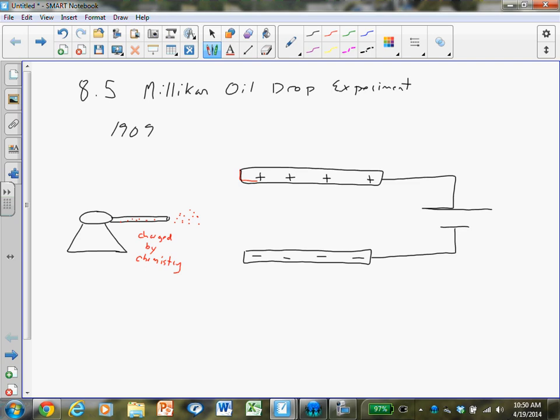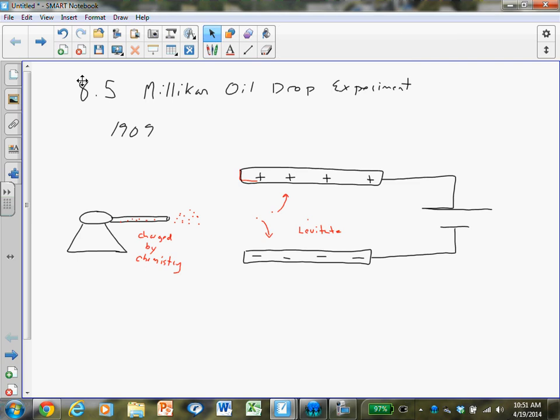And some of these particles would not have enough charge, okay, that the force of gravity would take over and they would fall down to the other plate. And some of them would have too much charge that they would rise up and go to the positive plate up there. But some of the droplets would have just enough to levitate, to float. Okay? And it's those drops that they became interested in.